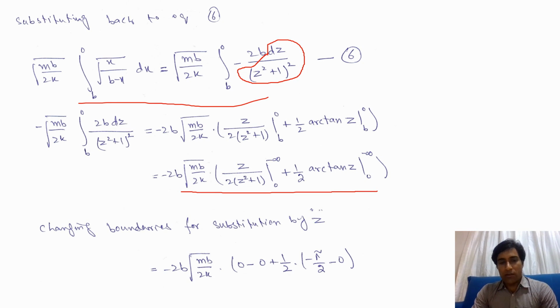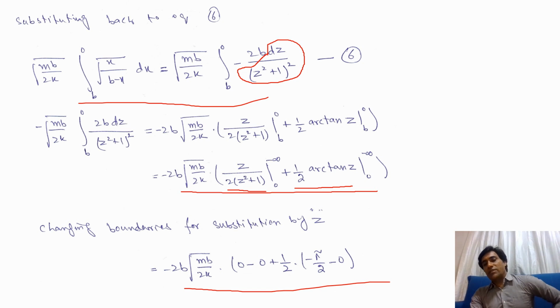Changing boundaries for substitution by z, we will get this value, minus 2b square root of mb over 2k into, you know that here the condition is 0 to minus infinity. So this term, in both cases, in infinity or in 0, will be 0. So only this term is remaining, 1 over 2 into minus pi over 2 minus 0, because of this tangent. If we put these values, we will get minus pi over 2.